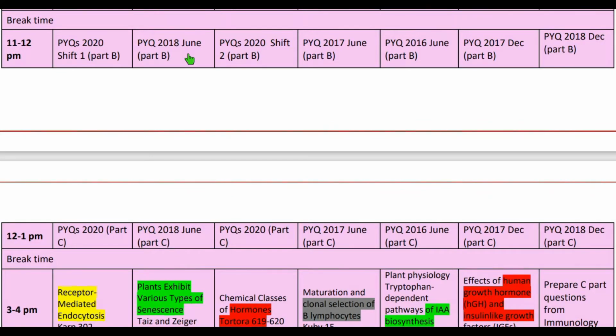First section, that is 11 to 12, you can work on part B questions. And 12 to 1 p.m., part C questions. Do the possible questions you can, okay?